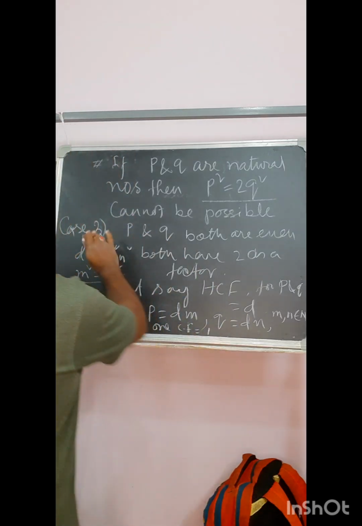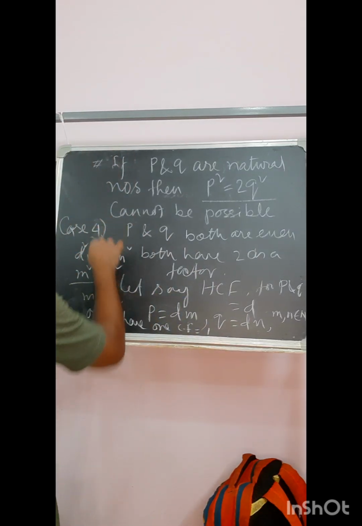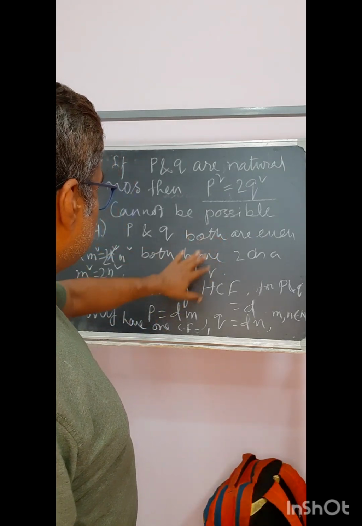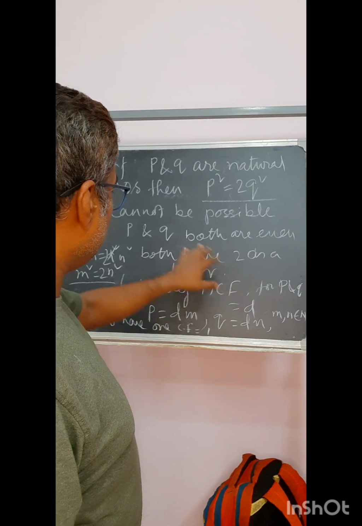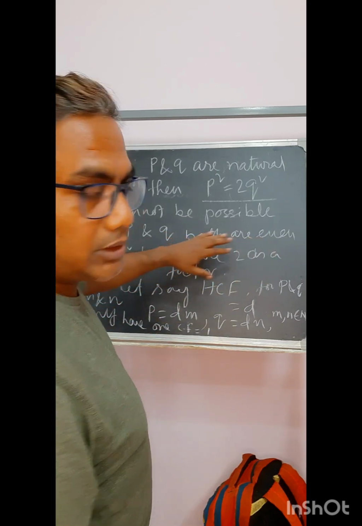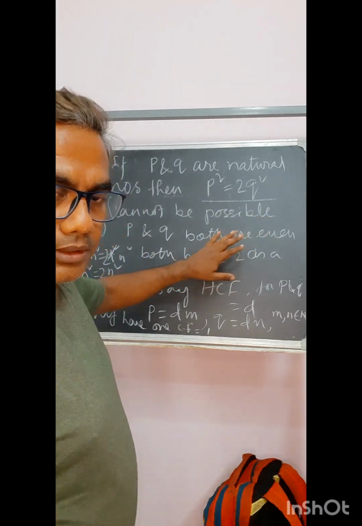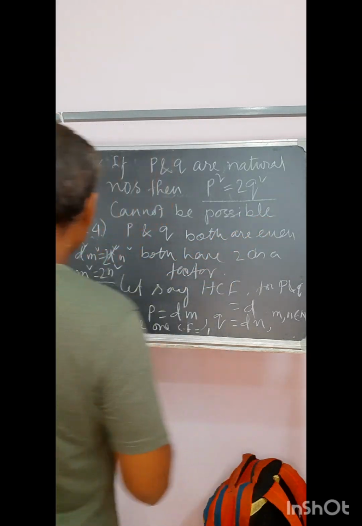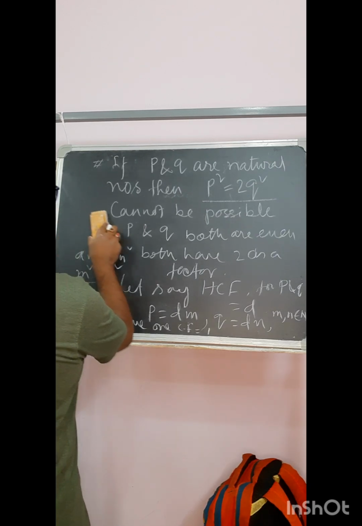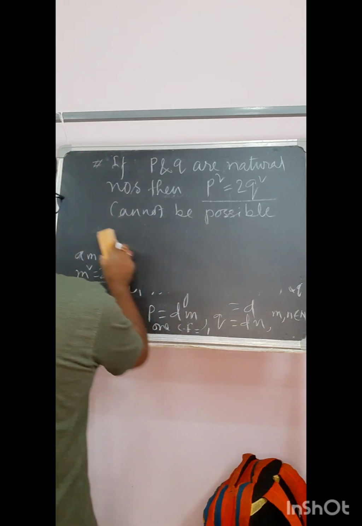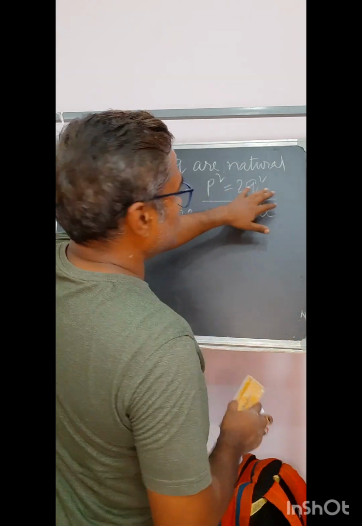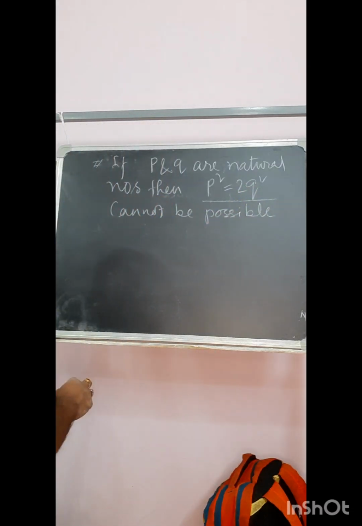This is case 4, sorry. So from cases 2 and 3 I can conclude that P square equal to 2Q square is not possible, even when both are even. Understood? So this is a complete theory, where I can say that for any natural numbers p and q, p square equal to 2q square is not possible.